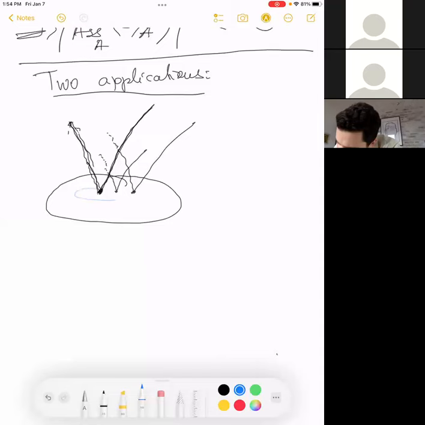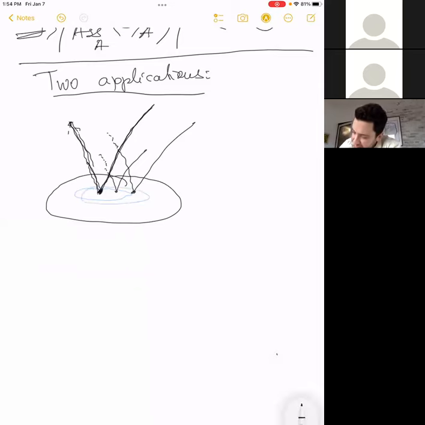So you look at neighborhoods in the base space, and you shrink. You want to see, as you get closer and closer, let's say this is the origin, as you get closer to the origin, how these nearby fibers behave.